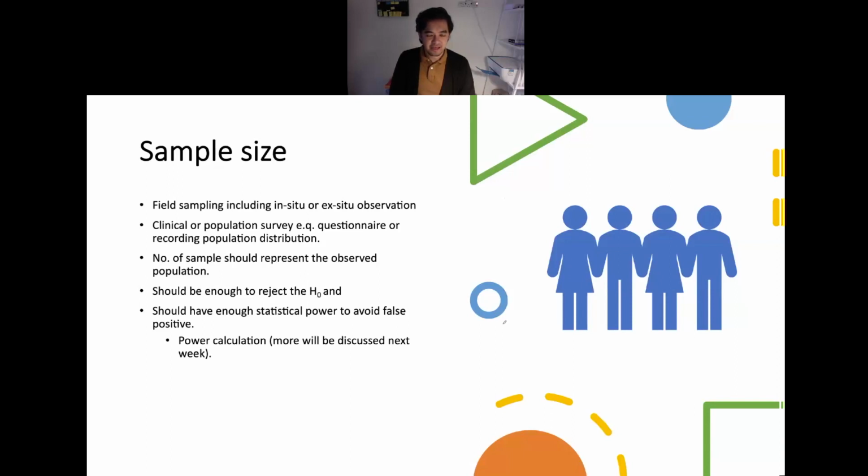The important bit is you want to make sure that the number of samples you have represents the observed population, and is also enough to reject the null hypothesis while not committing a false positive. This can be done through power calculation. We're going to discuss how to calculate power next week.